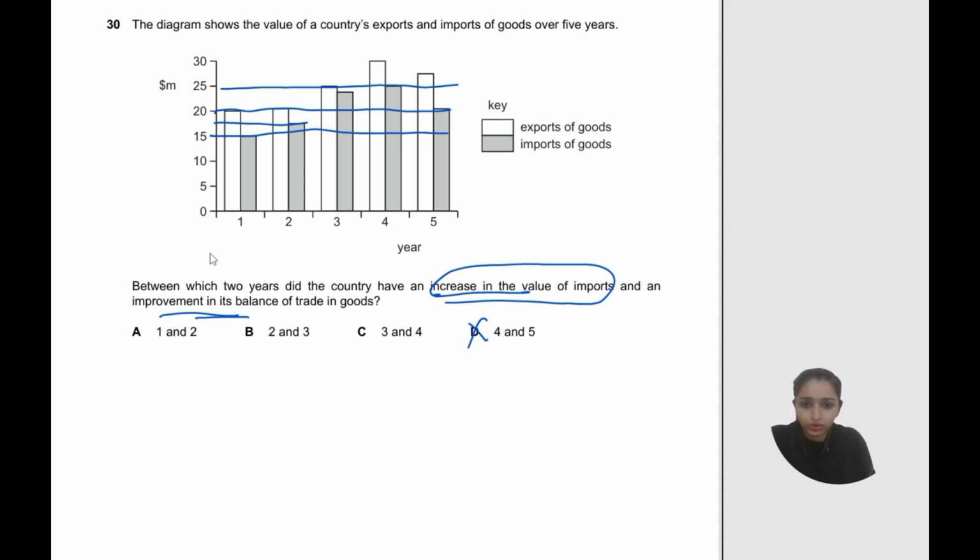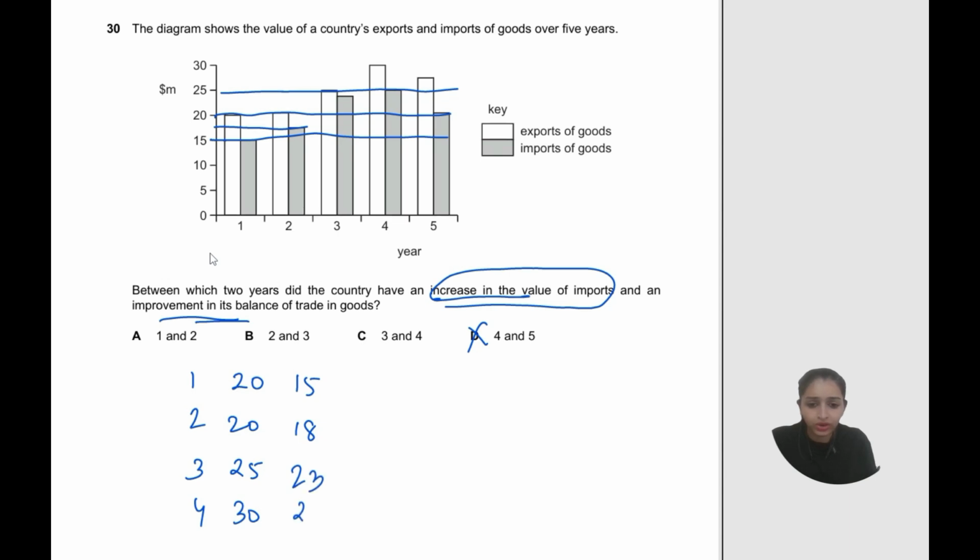So for all the four options, I'm going to put their exports. 20 is the value. Again, 20 is the value, 25 and 30. Imports value, I'm going to put 15, 18, 23 and 25.